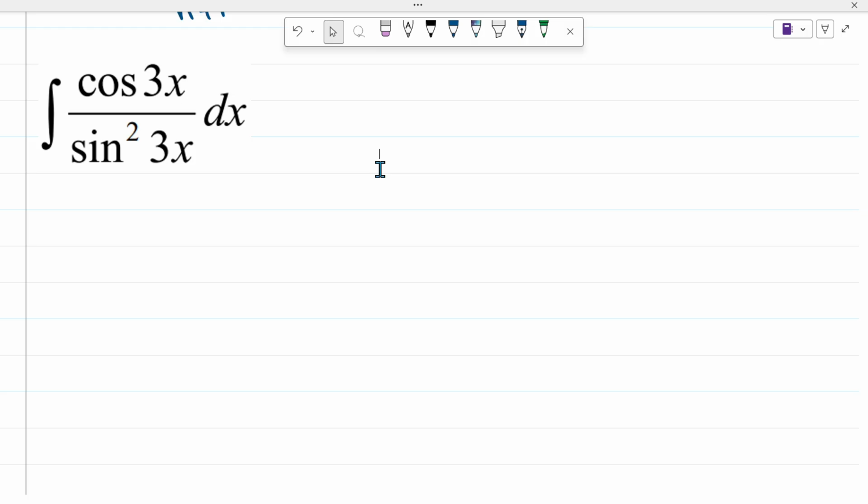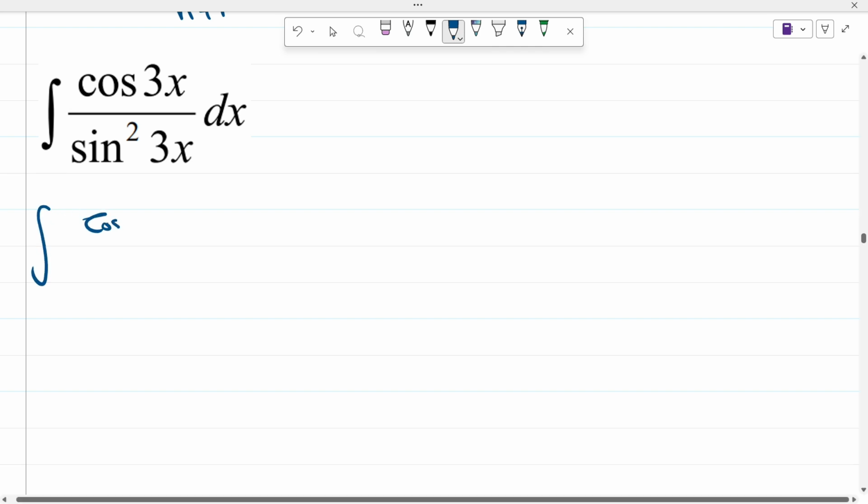So if we simplify this, we're going to get cos 3x divided by sine 3x multiplied by 1 over sine 3x. So yes, we can simplify this.